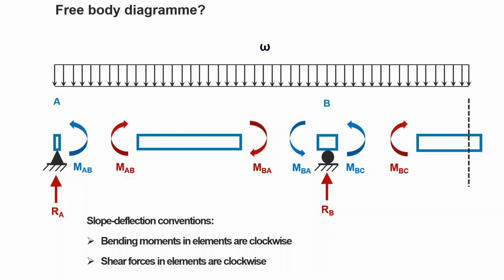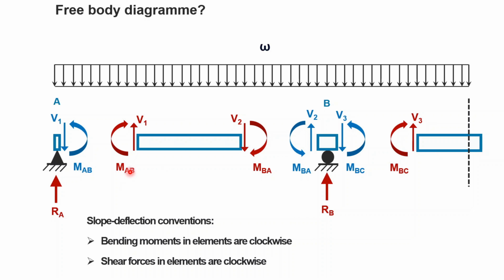So for the shear forces, they should be clockwise as well. And you see for the element, V1, V2, V3 are all clockwise. They are trying to rotate the element clockwise. And when we put the red ones, we can put the blue ones in agreement with the red ones to comply with the equilibrium equations.